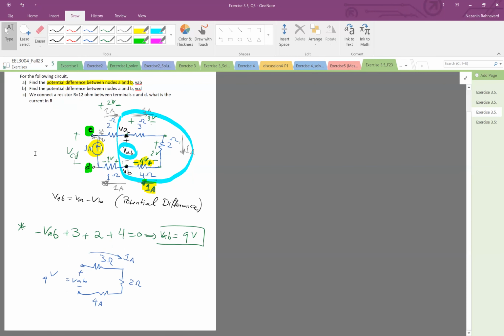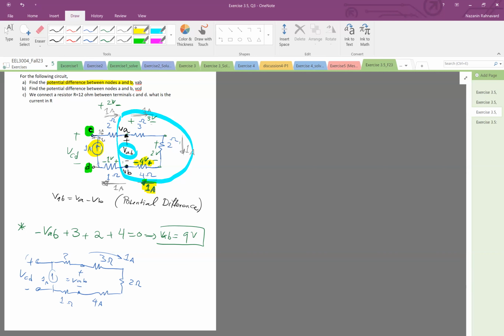Again, we can do the same thing. I'm going to extend this. So you had another 2 ohm, you had 1 amp, and then I'm looking for this voltage, VCD, plus and minus.